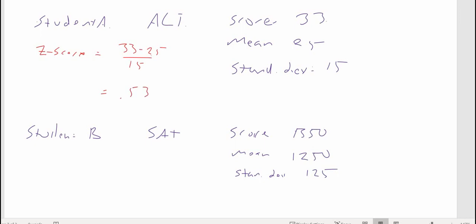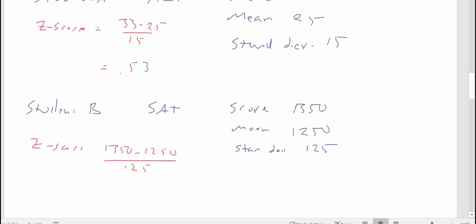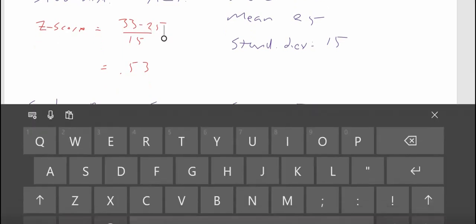Now, student B's z-score would be 1350 minus 1250 divided by 125. And their z-score is 0.8.